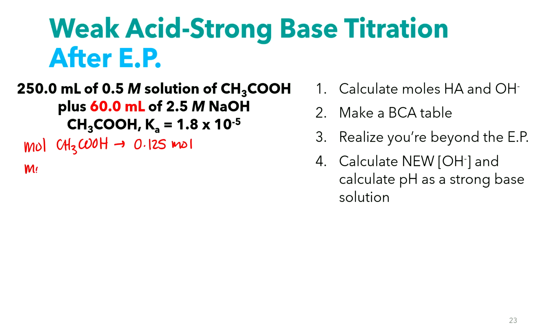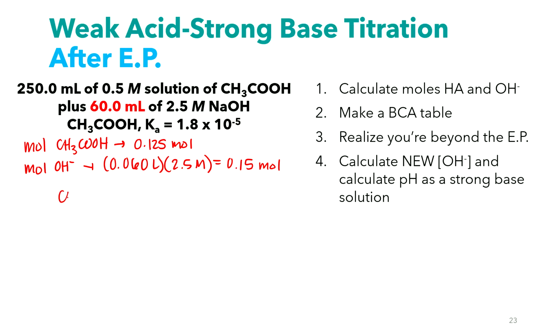Okay, our moles of OH minus are now 0.060 liters times 2.5 molar, and that was 0.15. So we'll put that in and we see, hey, our acetic acid, that's now our limiting reactant. I have excess OH minus.